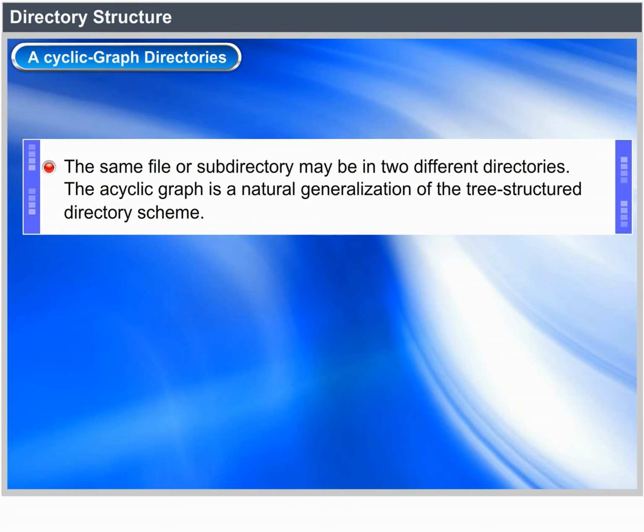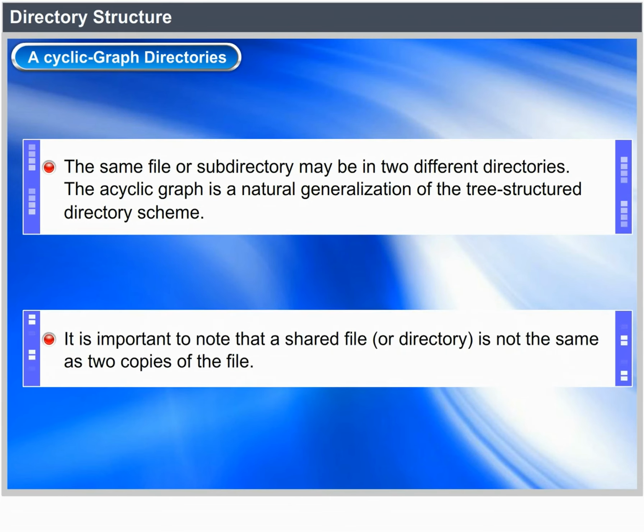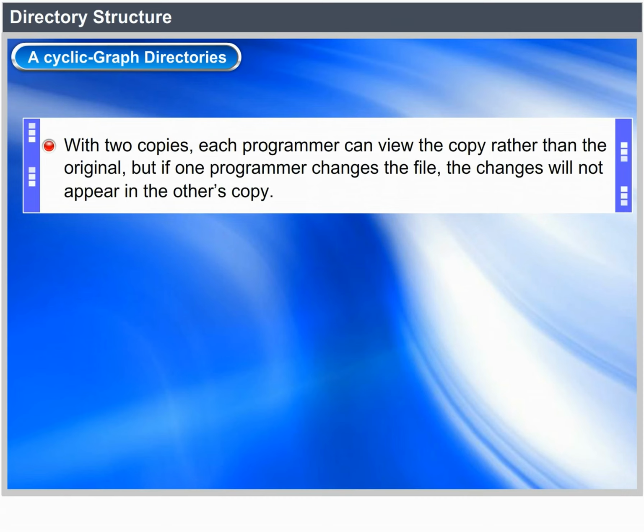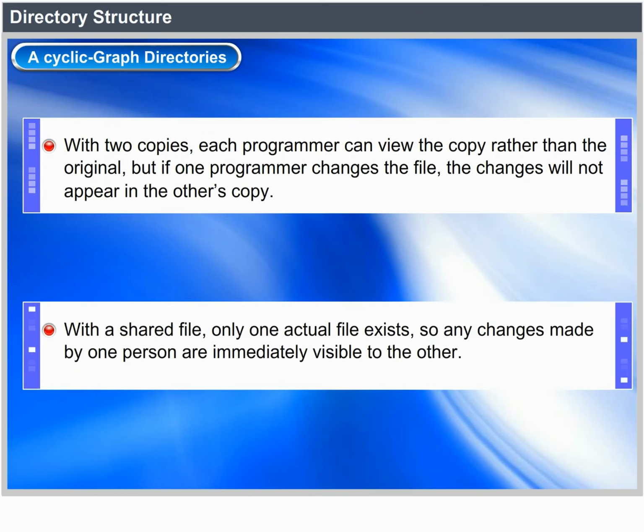It is important to note that a shared file or directory is not the same as two copies of the file. With two copies, each programmer can view the copy rather than the original, but if one programmer changes the file, the changes will not appear in the other's copy. With a shared file, only one actual file exists, so any changes made by one person are immediately visible to the other.